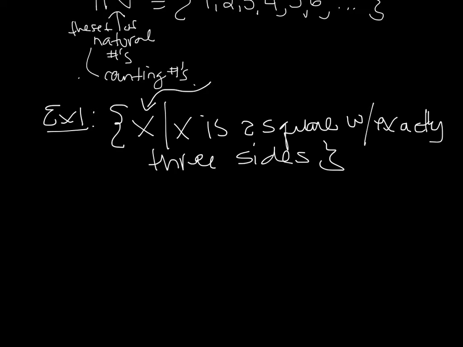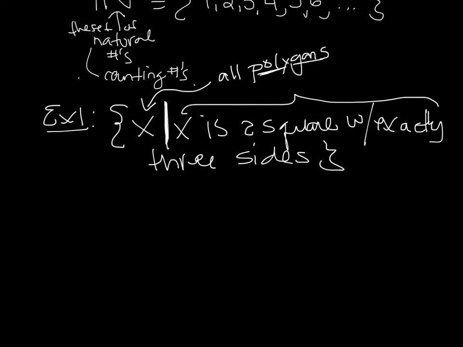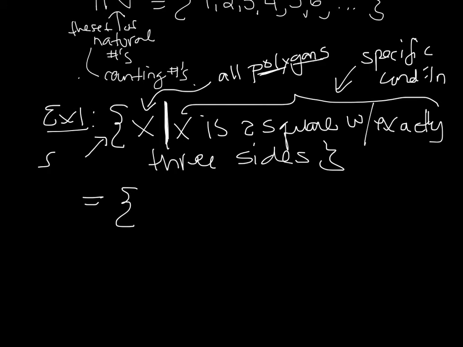This big X could represent all polygons, poly meaning many, gons meaning sides. So all the shapes that we have, such that something specific happens. There's a specific restriction or condition.